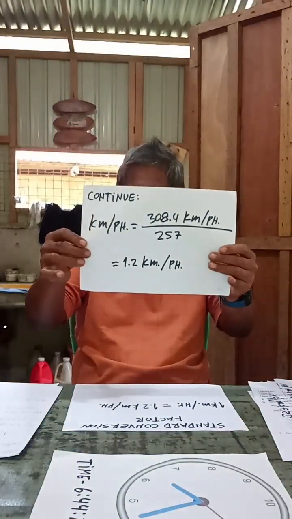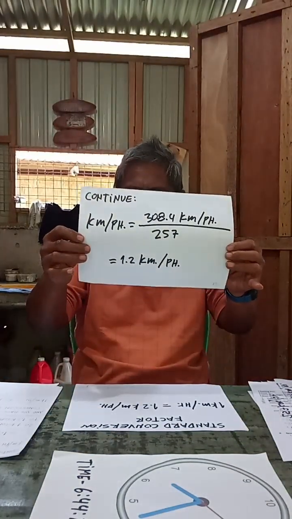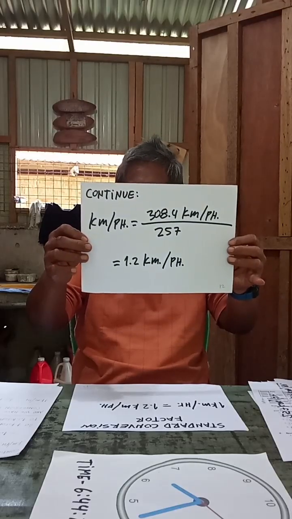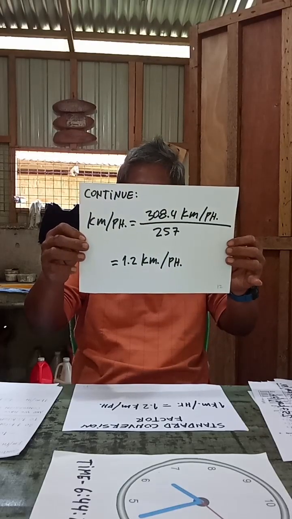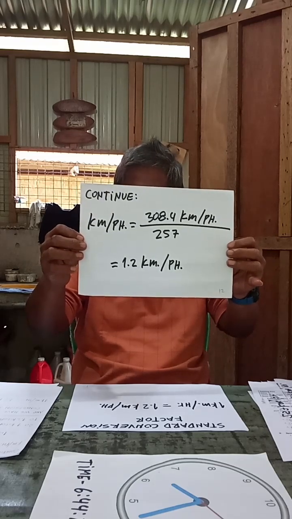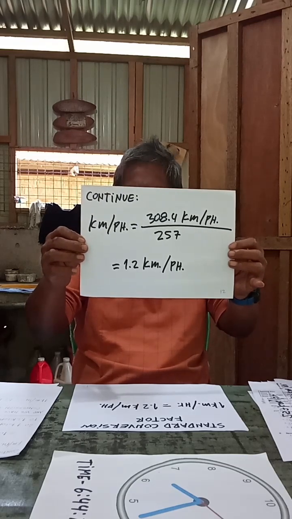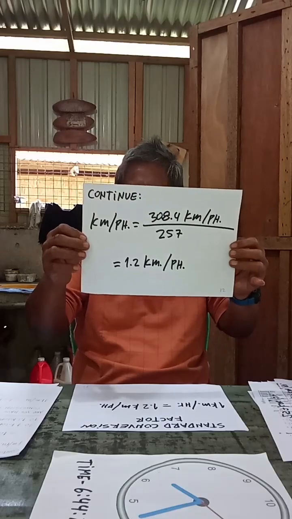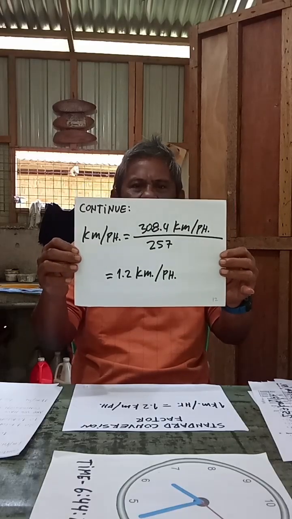So continue. Kilometer per perihour equals 308.4 kilometer per perihour over 257, equals 1.2 kilometer per perihour.